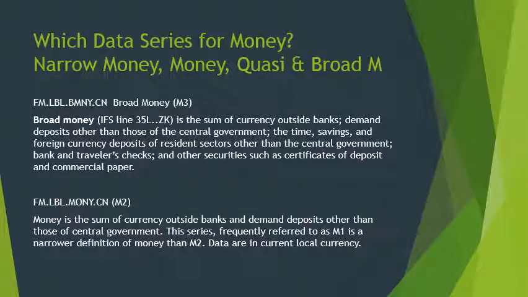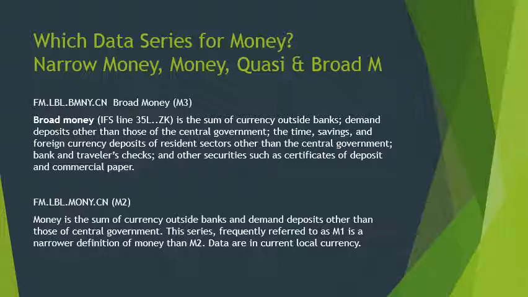To assess the validity of the quantity theory, we need to compare the rate of growth of prices, which is inflation, and the rate of growth of the real economy with the rate of growth of money. Now, there are many different definitions of money. In our data sets, we will look at two types of money.